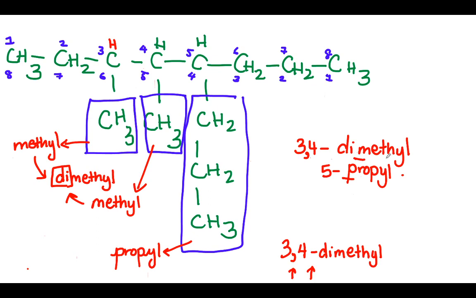So right after my dimethyl, I'm going to have the number 5. So I'm going to put a dash and then 5 propyl. Right, so there's a dash before the 5 and after the 5 because it is coming immediately after a letter and going before a letter, right? So I need to separate that with the dashes. So 3,4-dimethyl-5-propyl octane.